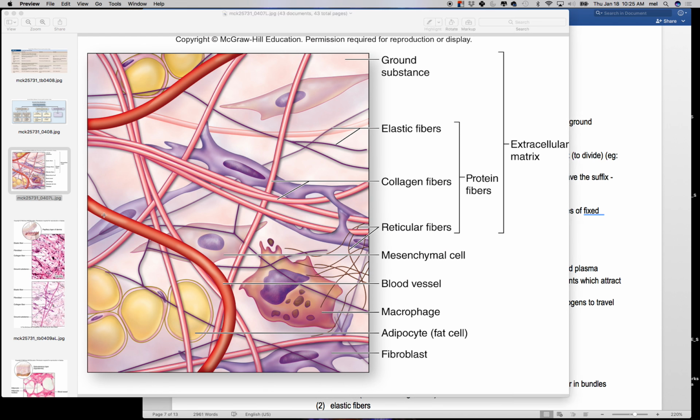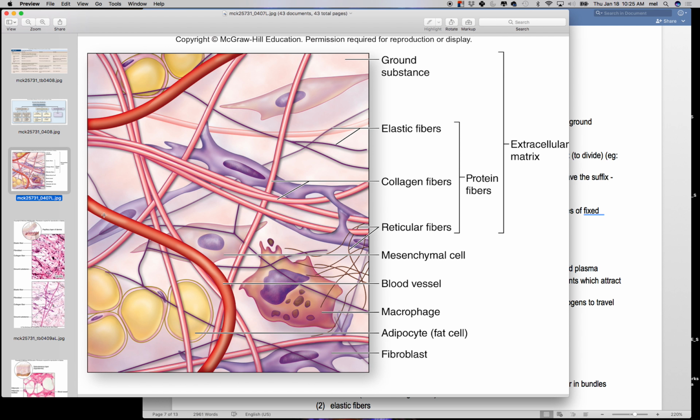When you run into cells in connective tissues, you're going to run into 3 categories of cells, not all the time, but potentially. You will run into blast cells, which are immature cells that can either make something or make more of themselves. For instance, in bone, you might run into an osteoblast cell that can make more bone.